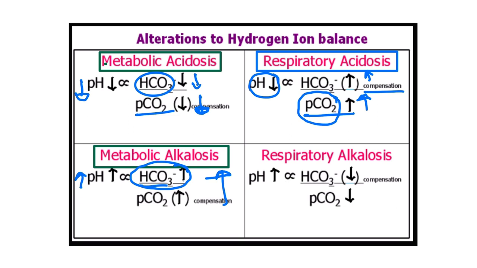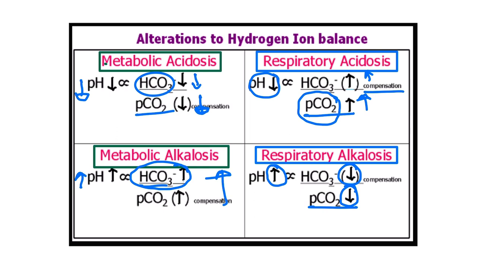That means when pH reduces, the other two parameters increase. Then what is the fate of respiratory alkalosis? In respiratory alkalosis, when pH increases, the first change occurs in partial pressure of carbon dioxide, it will reduce, and bicarbonate level also reduces.